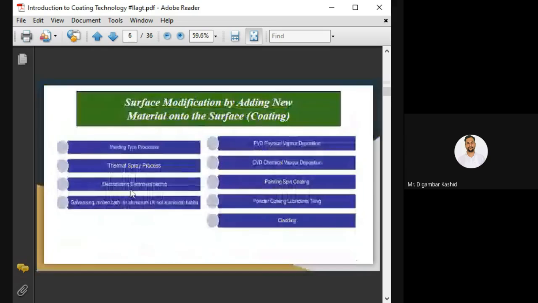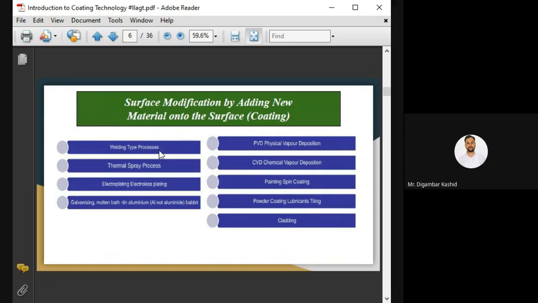Now, this surface modification by adding new material onto your surface can be done by the following processes. Which are the different processes, methods, or techniques that belong to this surface modification? The first one is the welding type process.